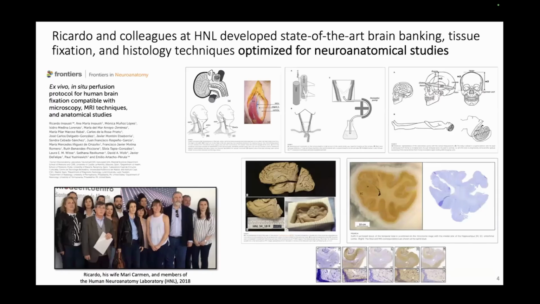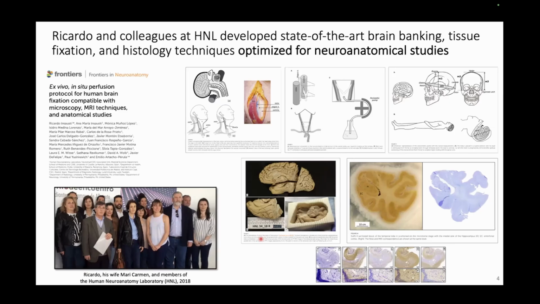At the same time, Ricardo and his colleagues at the Human Neuroanatomy Laboratory in Albacete developed state-of-the-art techniques for brain banking, tissue fixation, and histology techniques that were really optimized for neuroanatomical studies.